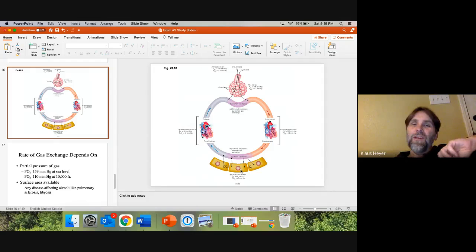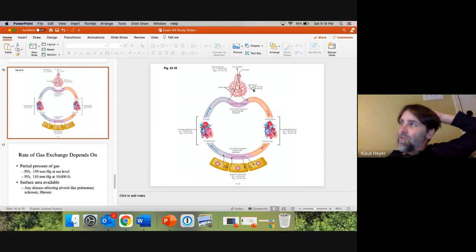That's why, if you look on this slide, you see PO2 and PCO2. That means the pressure of oxygen by itself, partial pressure. So I might ask you, what are the partial pressures of oxygen and carbon dioxide? I want you to know what they are in oxygenated blood and deoxygenated blood.